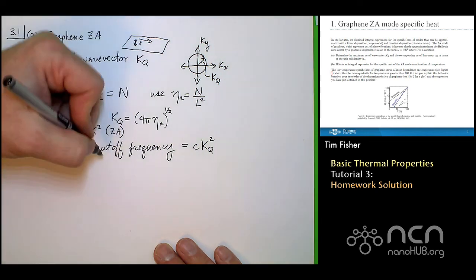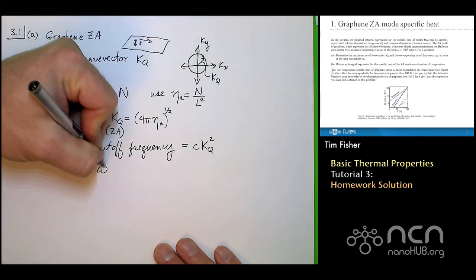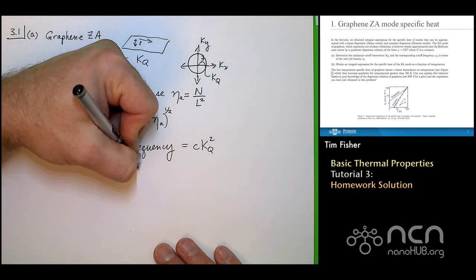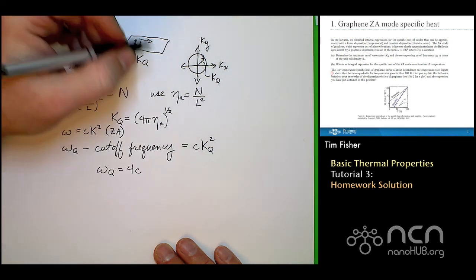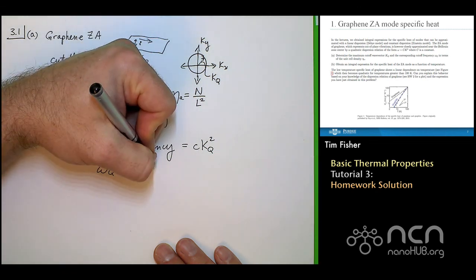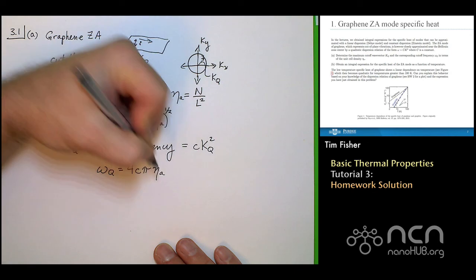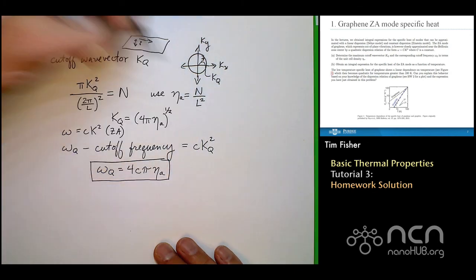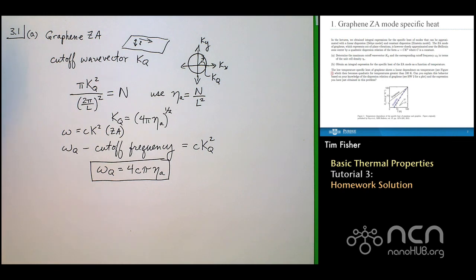Then we'll just go through and do a simple substitution, so that cutoff frequency equals 4 times the constant c that comes from the dispersion relation times pi times eta sub A. And so that's the big result for part A.